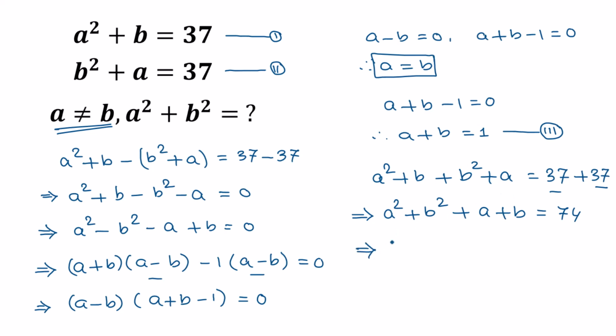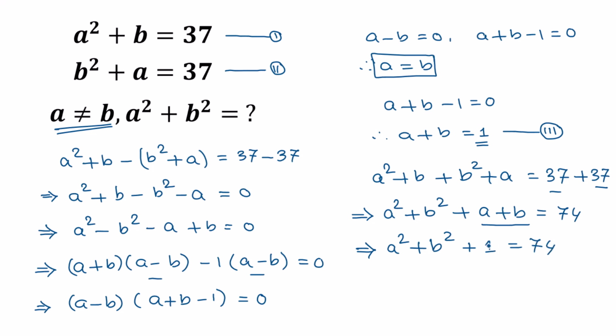Or the left side is a square plus b square, and from equation 3 we have a plus b is equal to 1. So substituting this value here, a plus b is equal to 1, we can write plus 1 is equal to the right side 74.